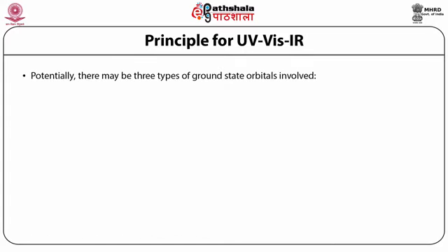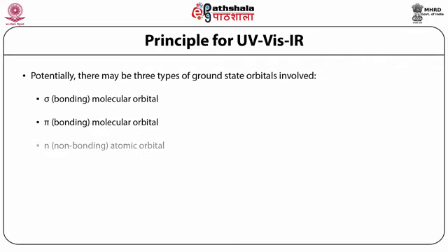Potentially, there may be three types of ground state orbitals involved. Number one, sigma bonding molecular orbital, second, pi bonding molecular orbital, and third, n non-bonding atomic orbital.